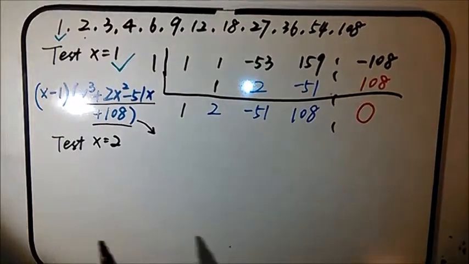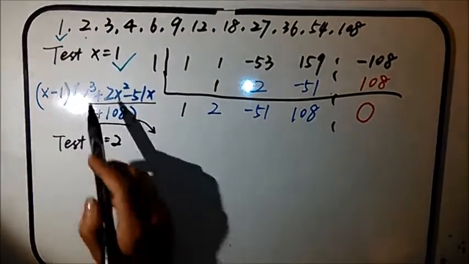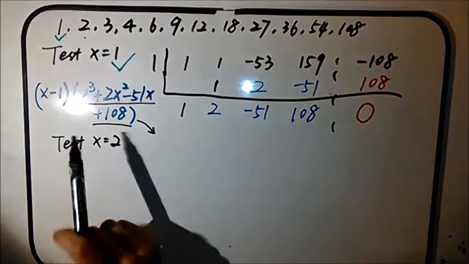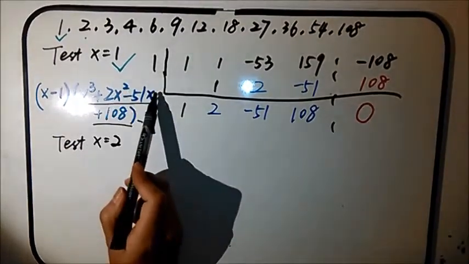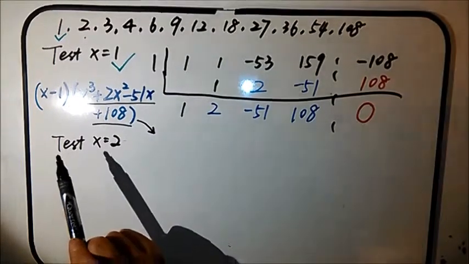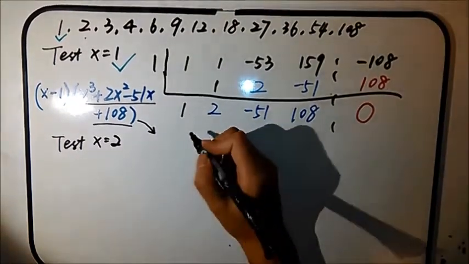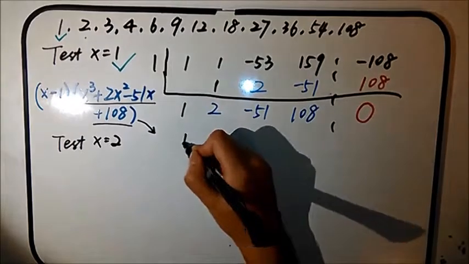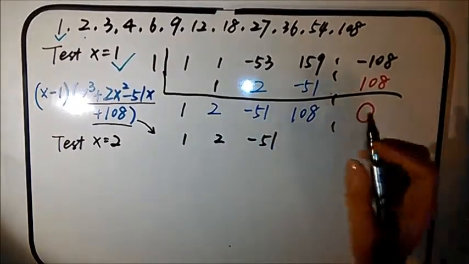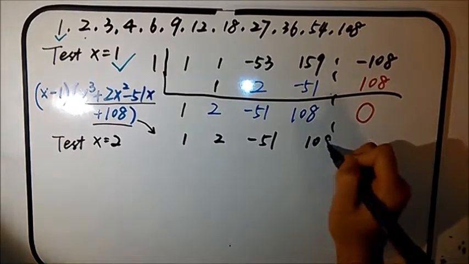We have to make sure that all the powers are in descending order. So cube, we have 3, 2, x to the invisible 1 power, plus 108. Great. So we're going to put all the coefficients in: 1, 2, negative 51, and 108.